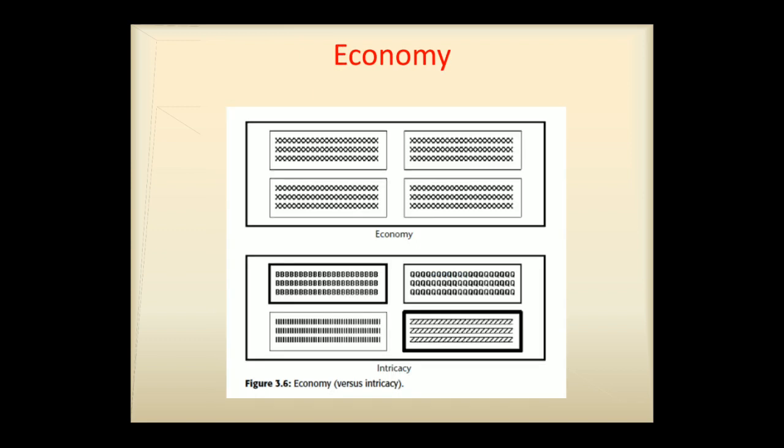So then moving on to economy. We try to provide economy by using as few styles, display techniques and as few colors as possible. Economy is the frugal and judicious use of display elements to get the message across as simply as possible.